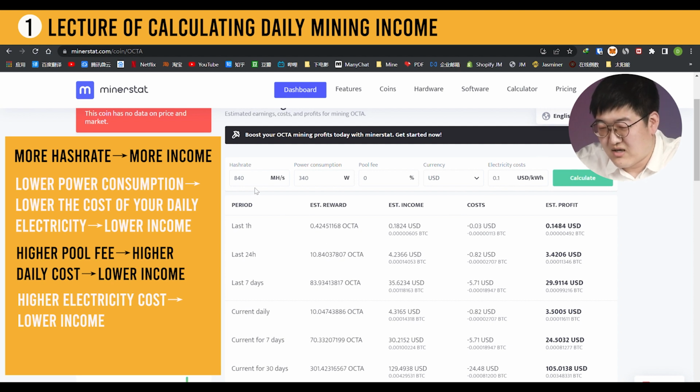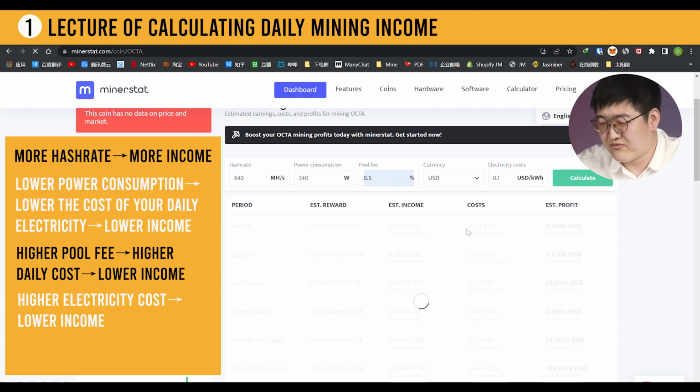And you see right here, as OCTA standard, you can mine 10.8 OCTA per day. And the daily cost includes the pool fee. Let's say this pool, cool pool.top, is using a 0.5% pool fee.